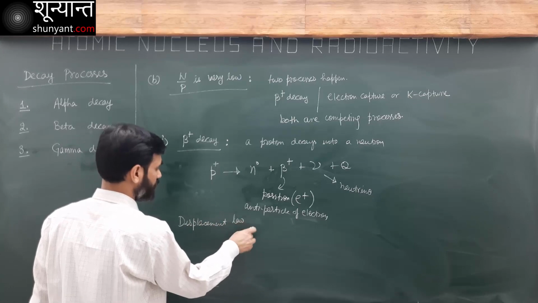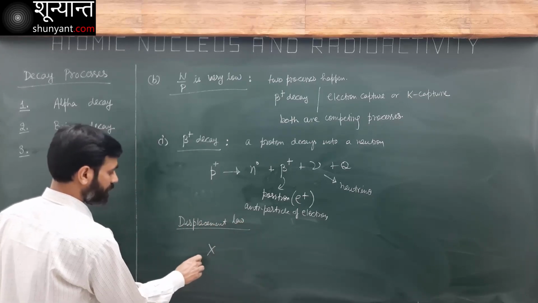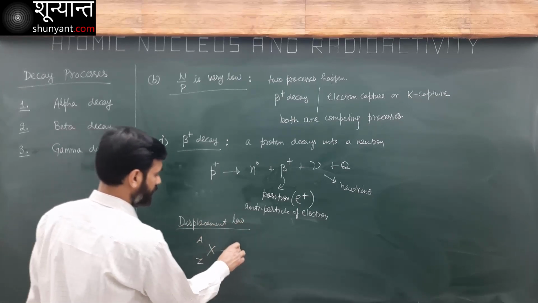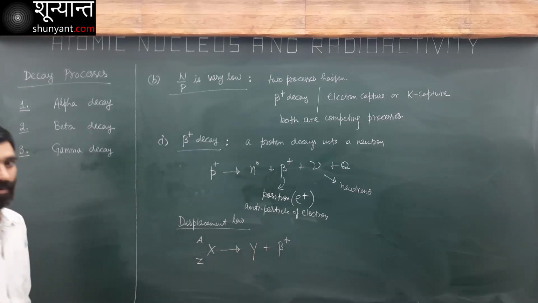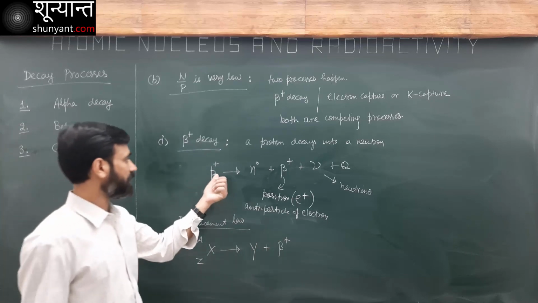Displacement law, what will it be? I have this element with Z and A. It is converting into Y, plus this beta particle is emitted. Let's look at this conversion here.